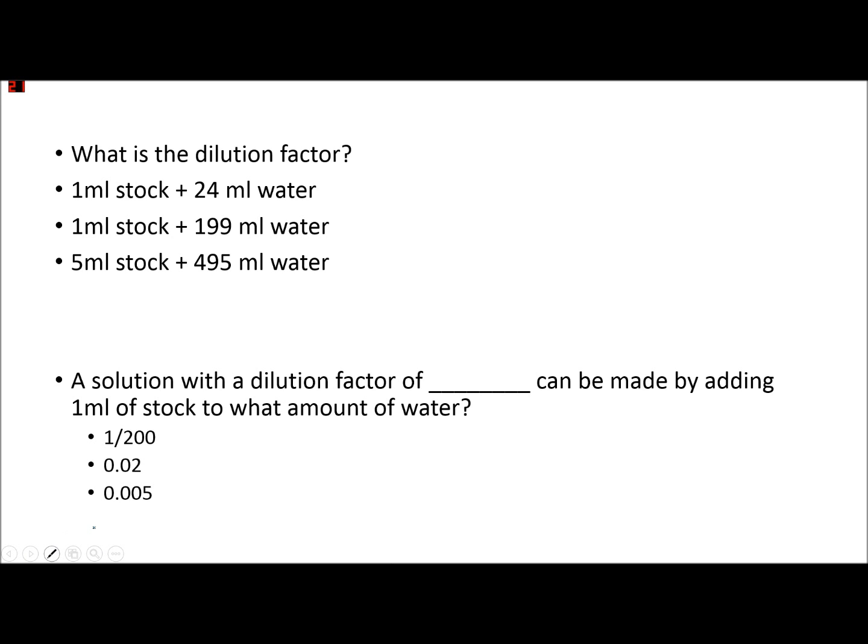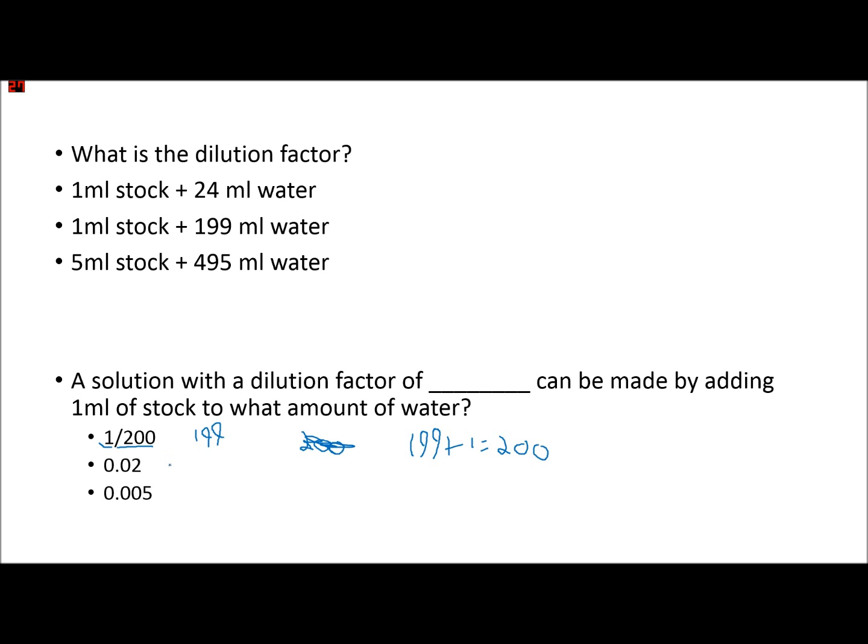A common mistake would be to say that we added it to 200 of water. But remember that this bottom number is your total. So we actually added it to 199 milliliters of water, because we can't forget about the 1 milliliter that we added. So your total is then 200. So the answer to this first one is 199.